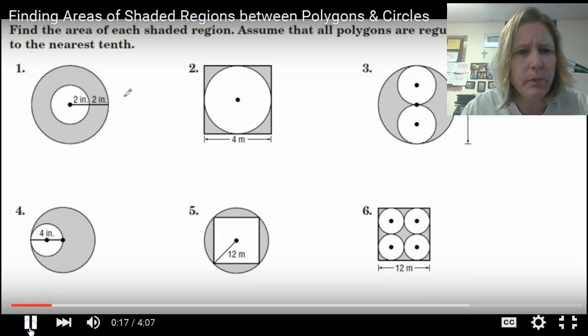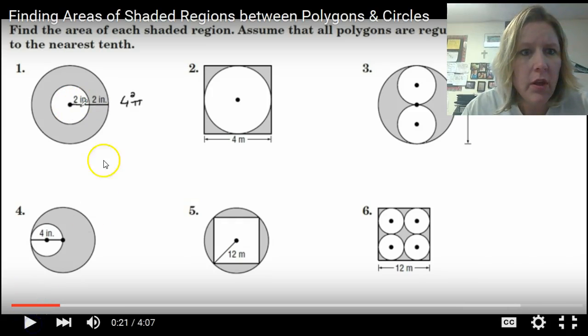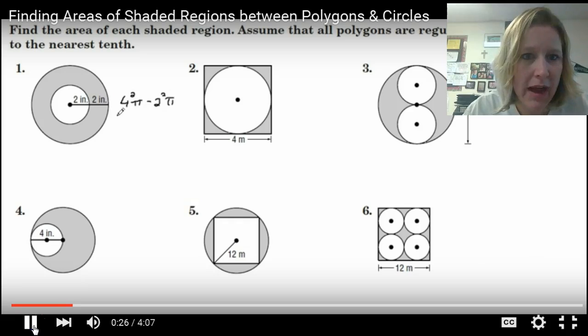So here we go. You've got the outside circle, radius of 4. So you write 4 squared times pi, which gives you the area of this big outside circle, because the radius of the outside circle is 4. Now we need to subtract the inside circle. The inside circle has a radius of 2, so 2 squared times pi.